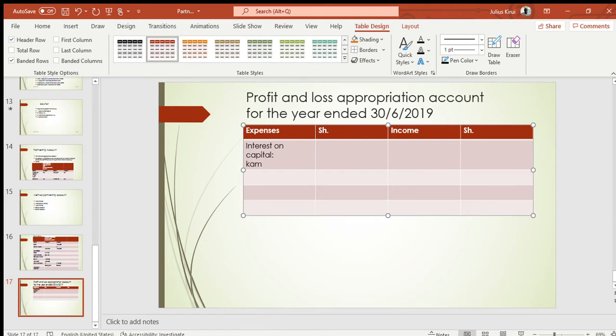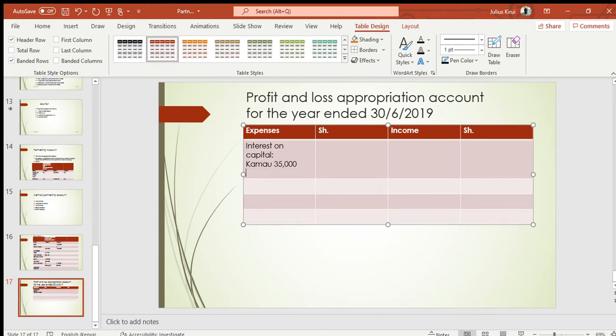How much is Kamau capital? Yes, 350,000. 10% of 350,000 is how much? Yes, 35,000. That is it.